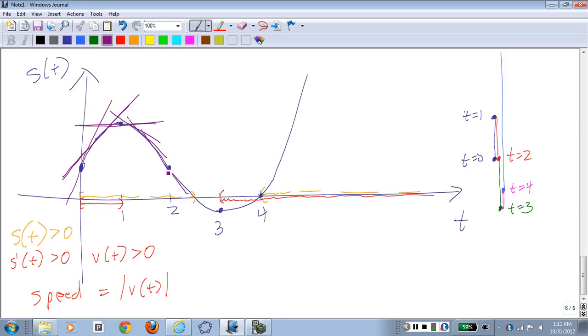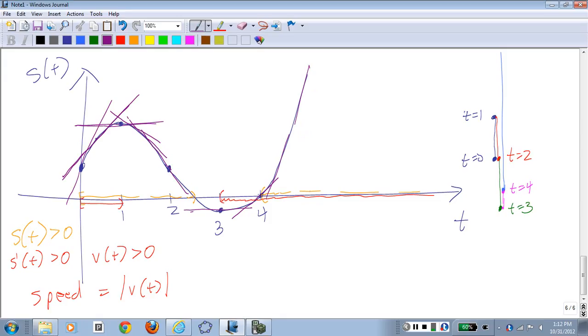So from 1 to 2, I want to say it's speeding up, because the slope of the tangent line is going from 0 to an absolute value that is increasing. Then from there, it looks like it's headed back towards 0, so slowing down. And then speeding up, getting steeper, getting steeper, so speeding up.